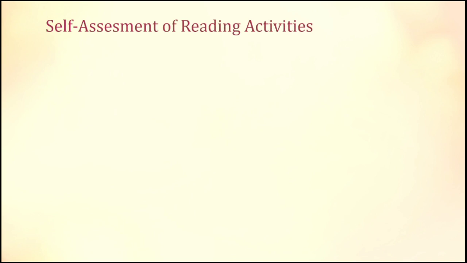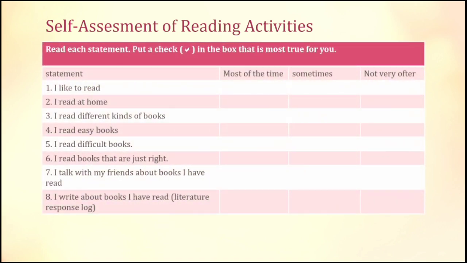Here is an example of self-assessment of reading activities. The student or learner should put a tick in the box that is most true for the student. There are some statements here. For example, I like to read. Whether the student most of the time, or sometimes, or not very often reads, whether he or she likes to read or not.